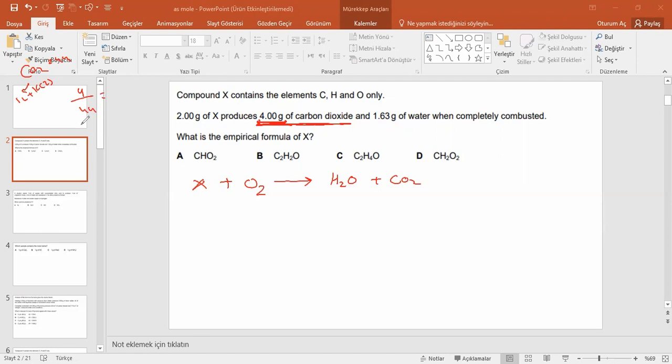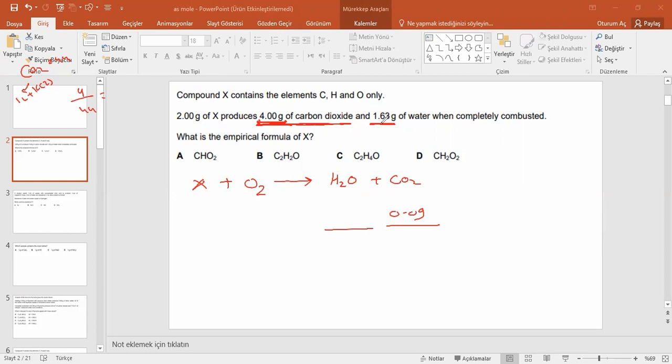So let's use our calculator. 4 over 44. For this one, we got 0.09. Okay, and for H2O, we got 1.63 grams of water.